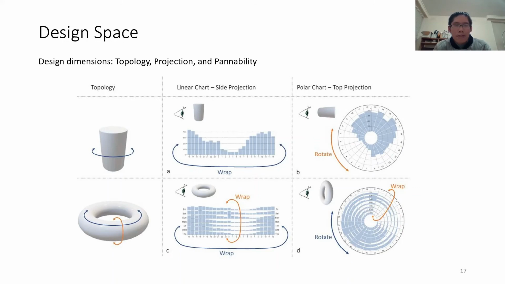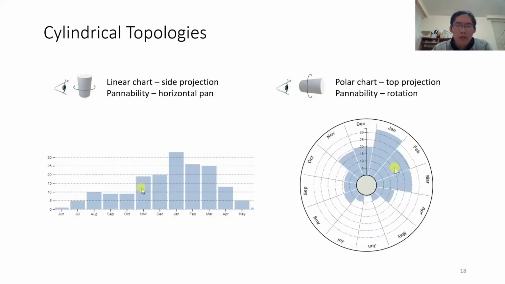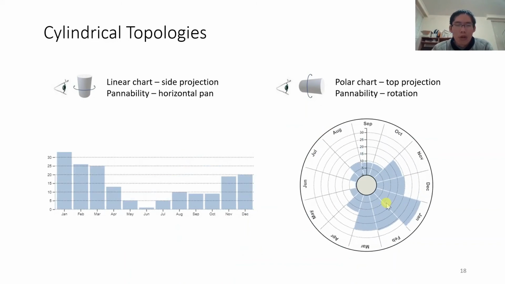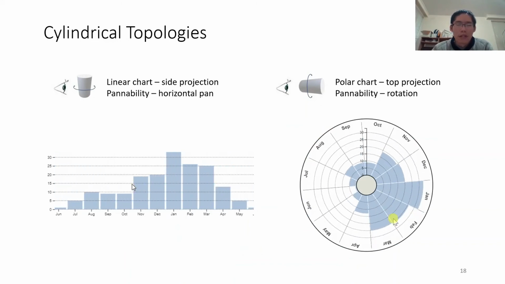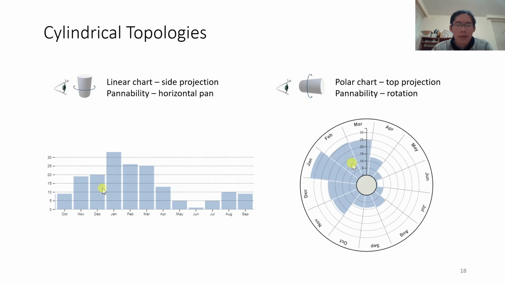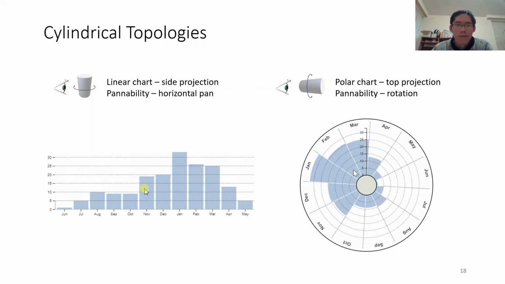Inspired by the study results, we generalized the concept of interactive wrapping to wrappable data visualizations in three design dimensions: topology, projection, and panability. As we saw previously, one-way wrapped visualization, such as cyclic time series data, can be described as cylindrical.